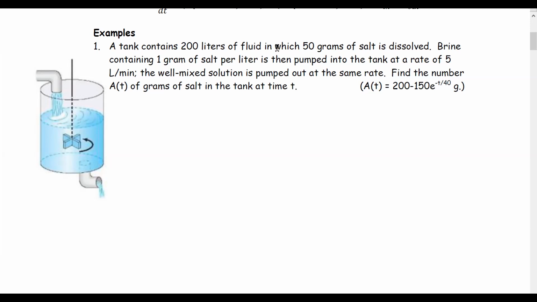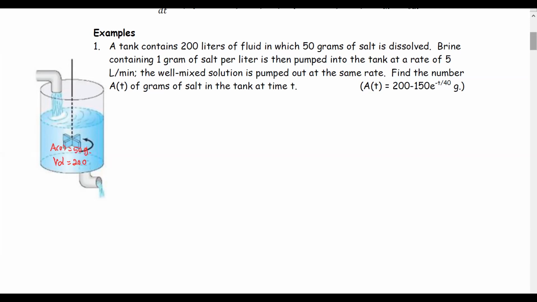Let's put the information together. A tank contains 200 liters of fluid, so the original volume V is 200, in which 50 grams of salt is dissolved. Then A(t) is the grams of salt in the tank at time t. At time 0, A(0) equals 50 grams.